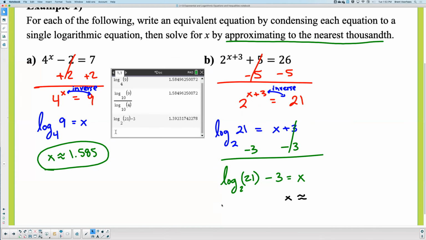Okay, so when we approximate this one, 1.39, will it be a 2 or a 3? 2. And that's our second solution. So these are just the steps of how to solve algebraically with logarithms or exponentials.